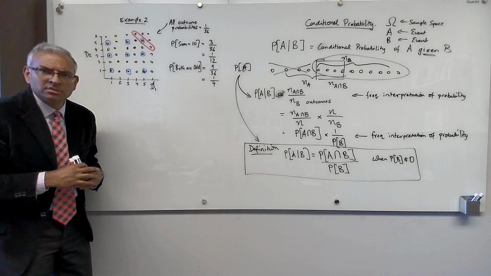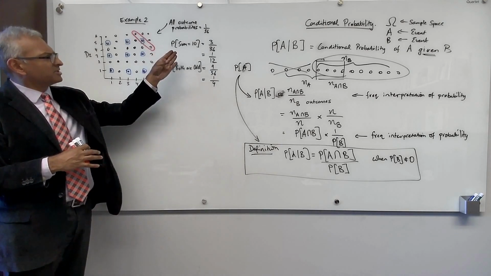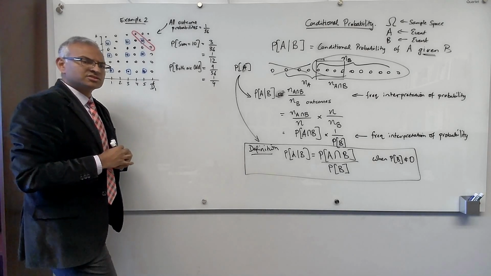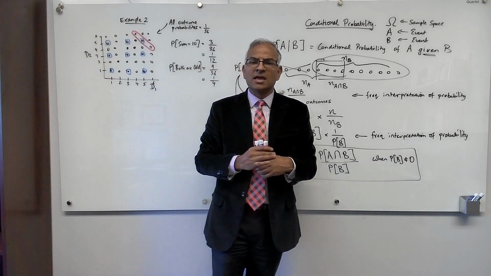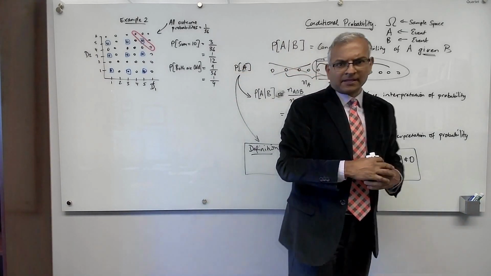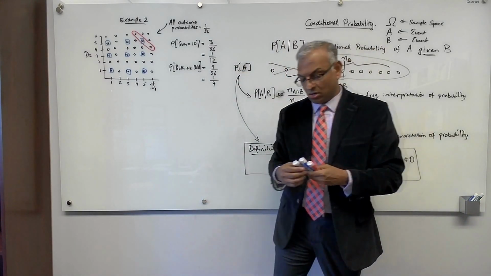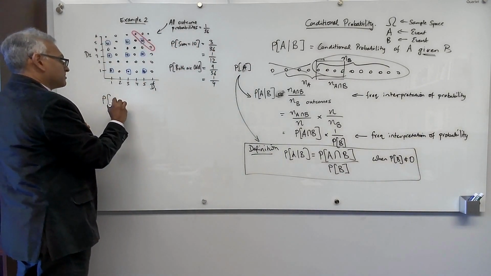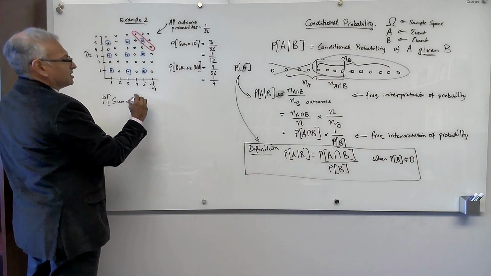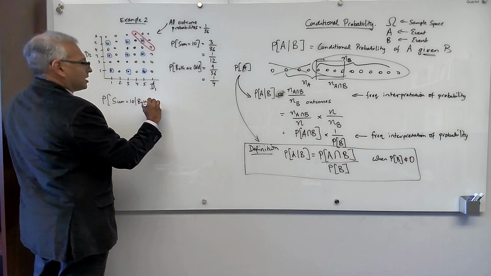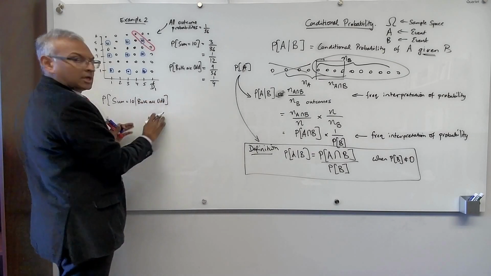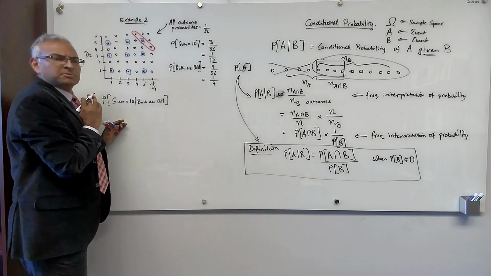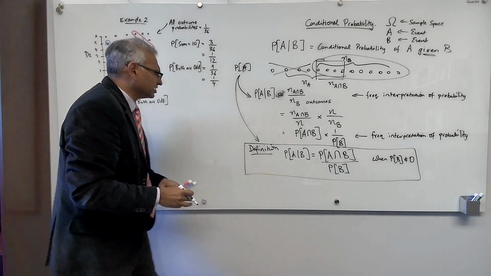Let's compute the conditional probability that the sum is 10 given that both are odd. So if I'm now interested in the probability that the sum is 10 and I've rolled a pair of dice, and I tell you that both are odd, that's new information. So we just apply the definition of conditional probability.